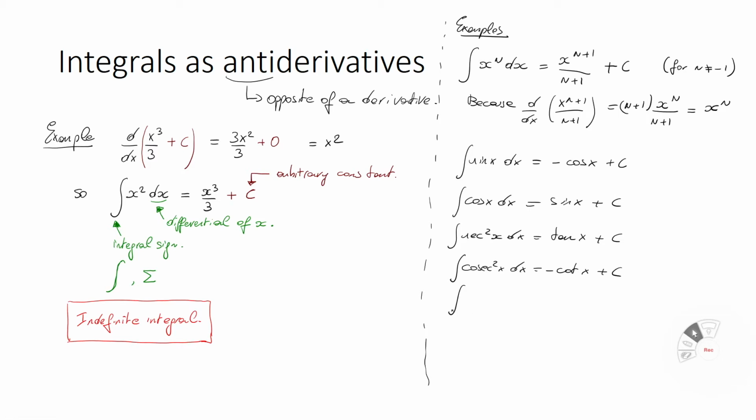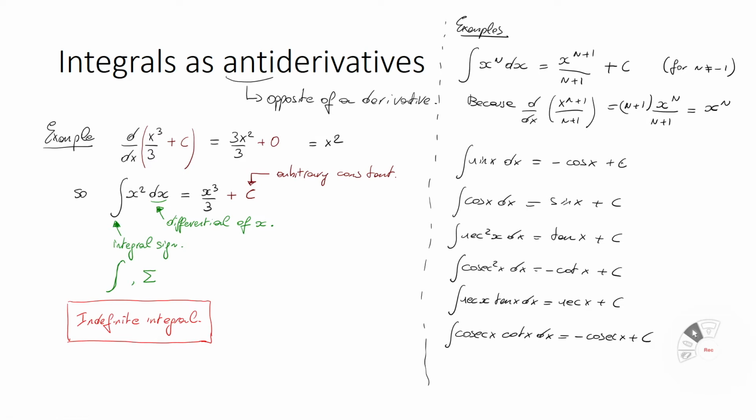And then a few that are more complex looking, so the integral of secant x times tan x dx is secant x plus c, and the integral of cosecant x cotangent x dx is negative cosecant x plus a constant.